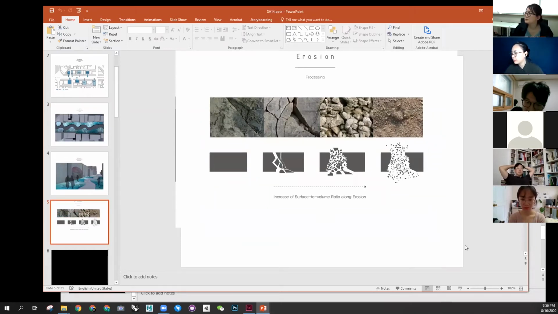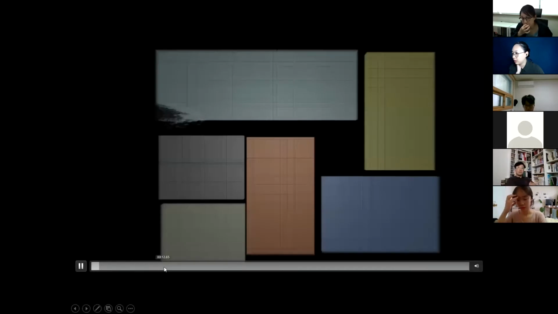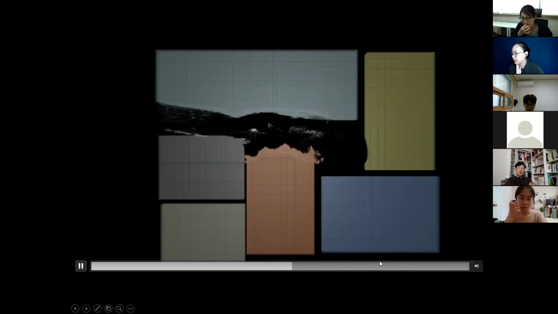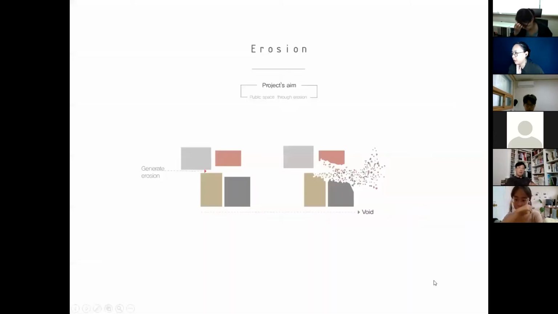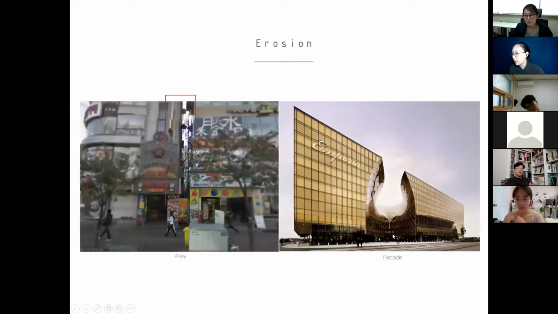So it's less precise, but more playfully applying different algorithms to generate different urban elements. For example, this team was interested in the erosion process, to determine how the use of agencies can transform the narrow streets into something more occupiable and inhabitable.